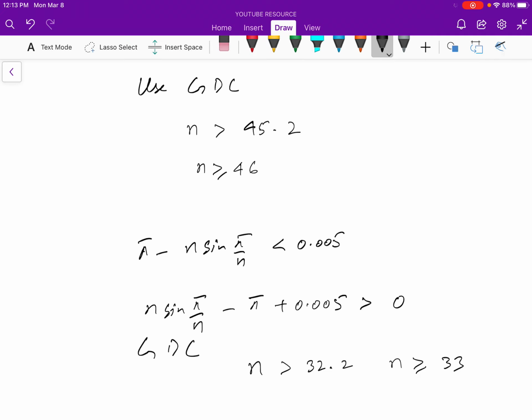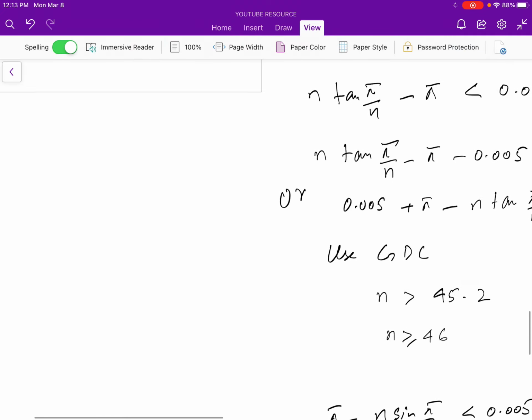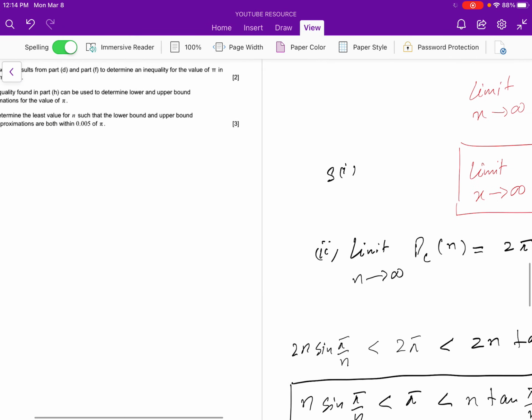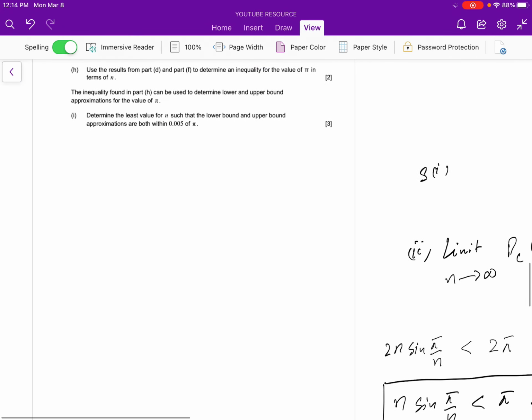So if you combine both the inequalities, because it says it follows both, let's just go back to the question and check. It says the inequality found in part H can be used to determine the lower and the upper bound approximation for the value of pi. Determine the least value of n such that the lower and the upper bound approximation are both within 0.005 of pi.